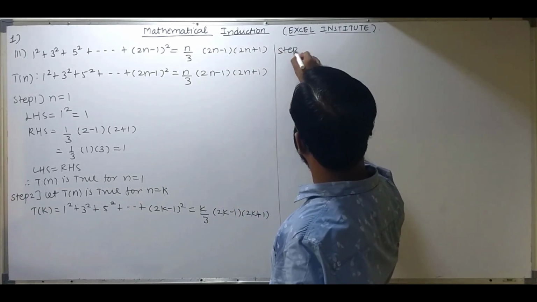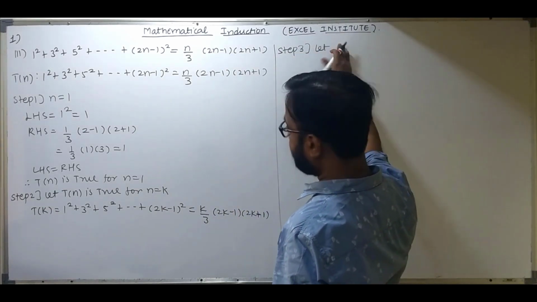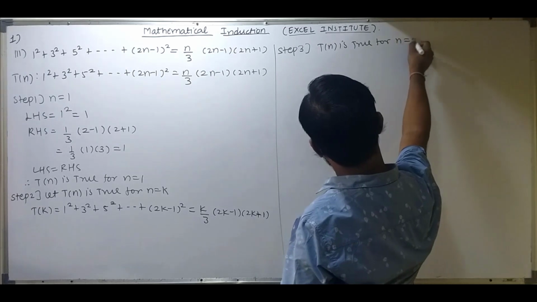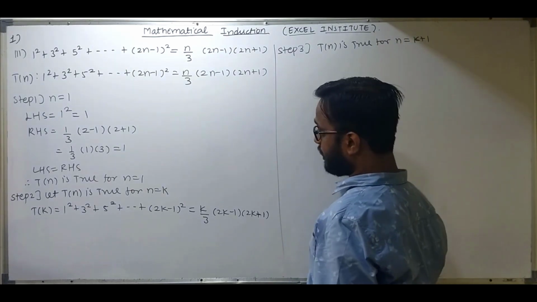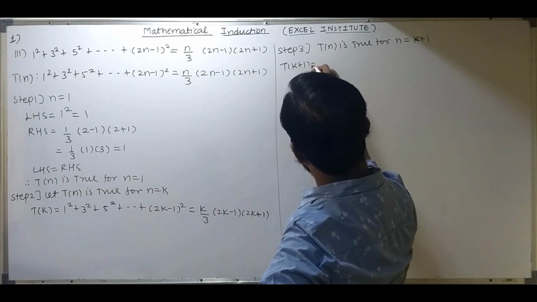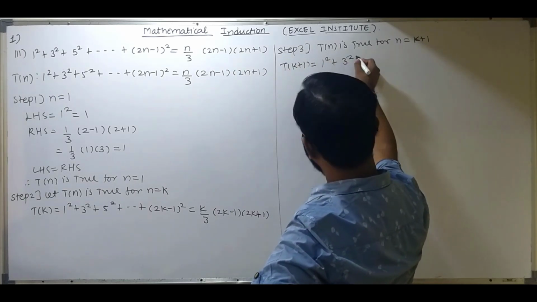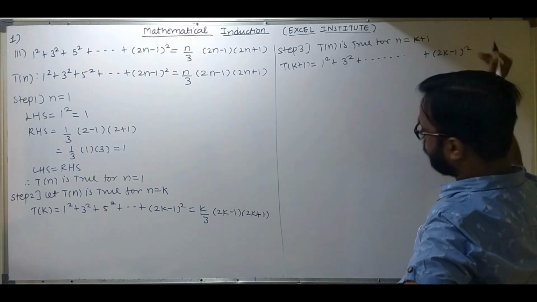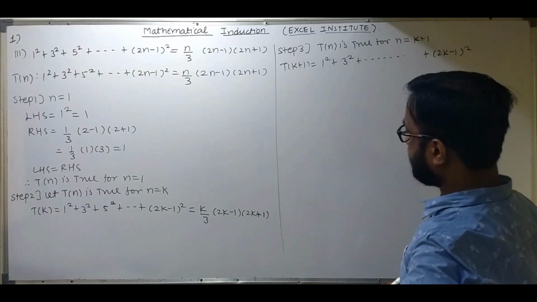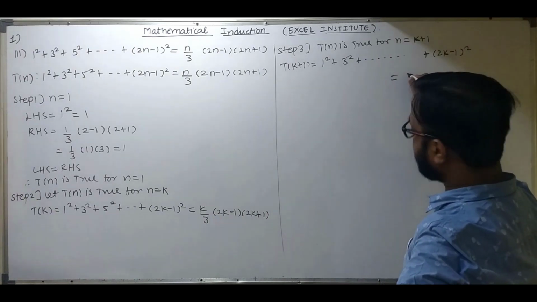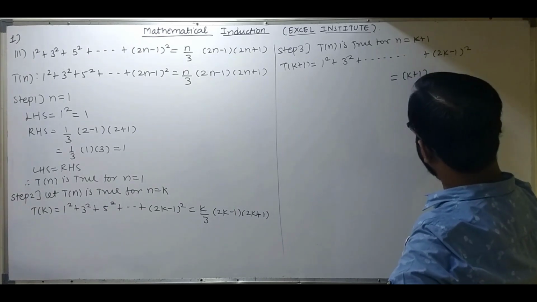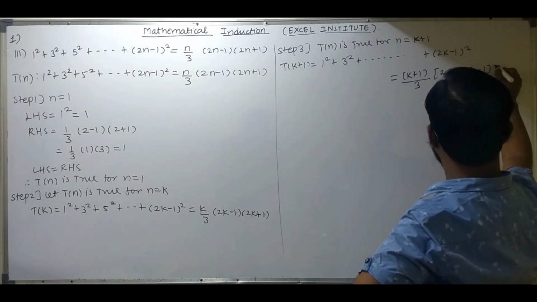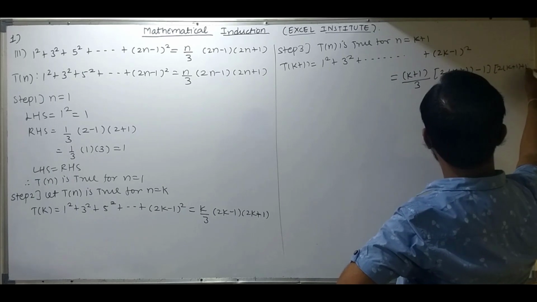Okay. Now, step 3. Step 3 is actually the proving part. Now we'll prove that T of n is true for n equal to k plus 1. Okay, this we have to prove. So T of k plus 1 is equal to 1 square plus 3 square plus up to 2k minus 1 whole square is equal to, we have to replace n by k plus 1, so k plus 1 by 3, 2 times k plus 1 minus 1 and 2 times k plus 1 plus 1.